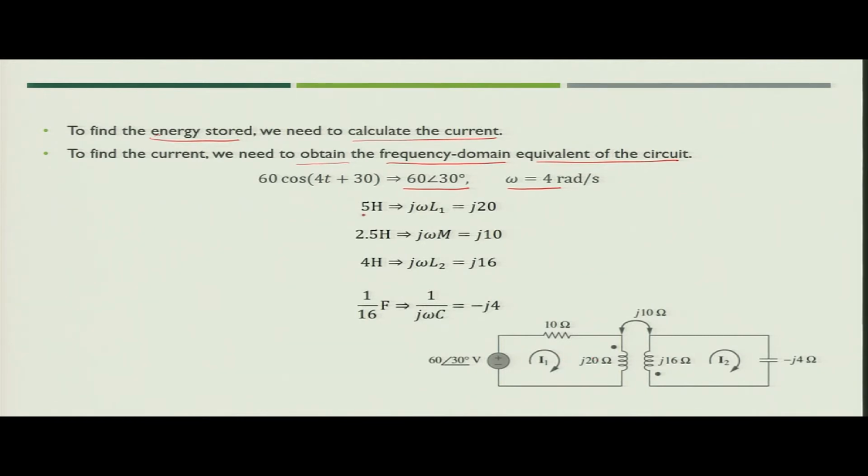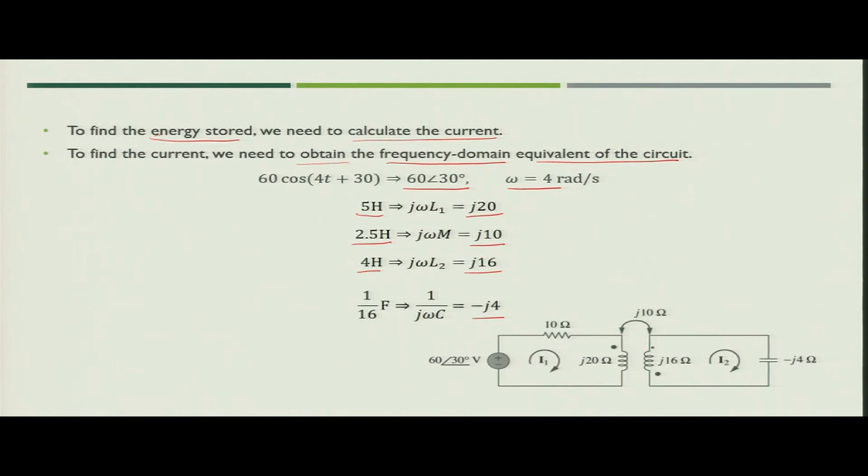The 4 Henry inductor will be now J20 as a reactance, 2.5 Henry mutual inductance will become J10, 4 Henry inductor will become J16 as its reactance, and then the capacitor will have the capacitive reactance of minus J4.